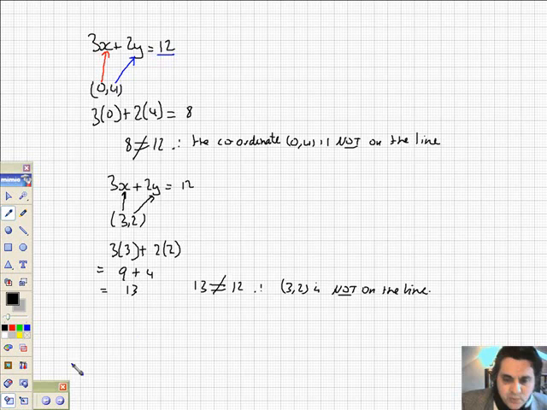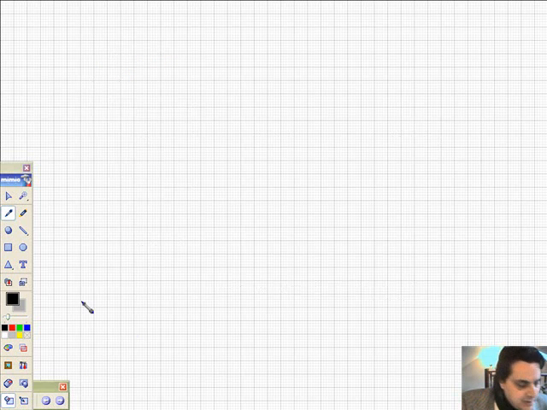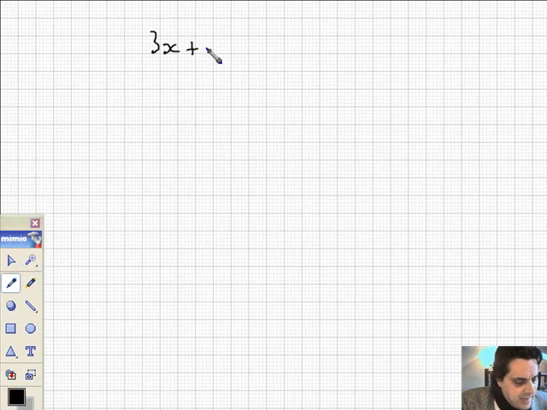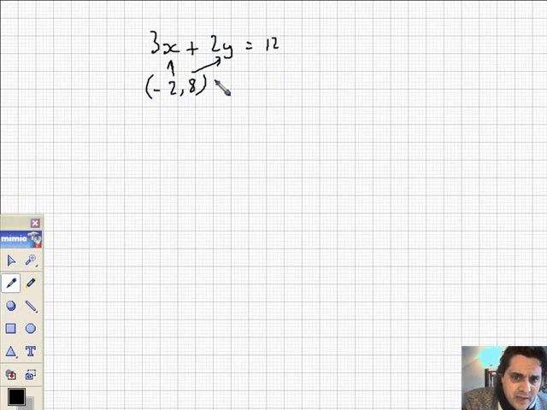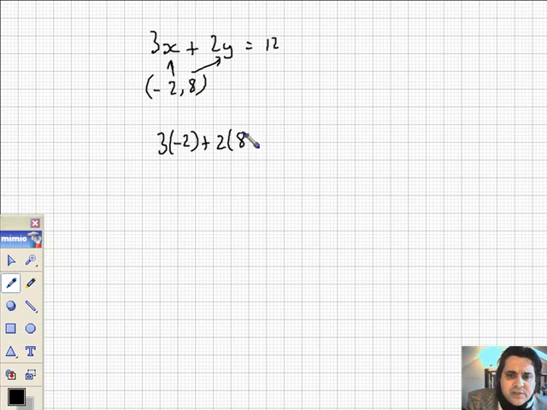Let's do the very last one, and I'll turn over, and I assume it's the hardest part. So here we go again. 3x add on to 2y should come to 12, and I'm testing the coordinates -2, 8. So here I go. You go in there, and you go in there. Right. 3 lots of -2 plus 2 lots of 8.